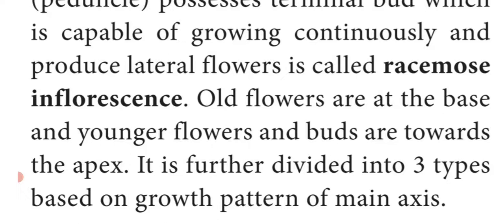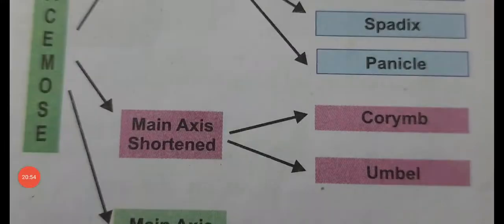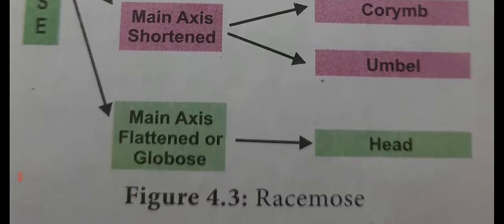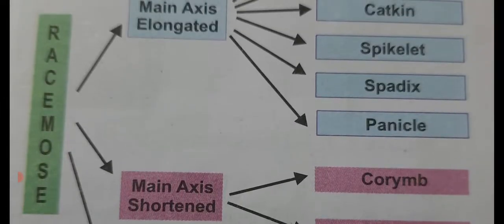That inflorescence is known as racemose inflorescence. It is again divided into 3 types based on the pattern of the main axis. Dear students, this is the classification of racemose. There are 3 types based on the pattern of the main axis.